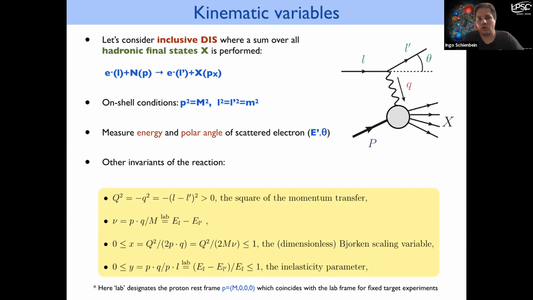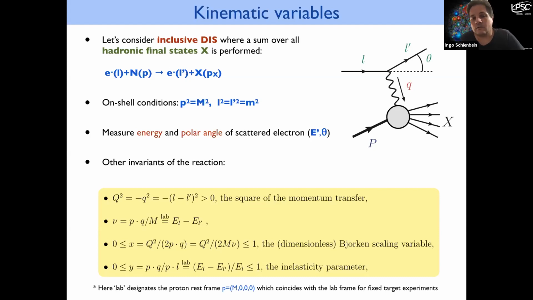We have certain on-shell conditions. The four-momentum of the proton squared gives the mass of the proton squared, and the four-momenta of the leptons give a lepton mass small m squared, which we usually neglect. And then we measure the energy and the polar angle of the scattered electron, E prime and theta.